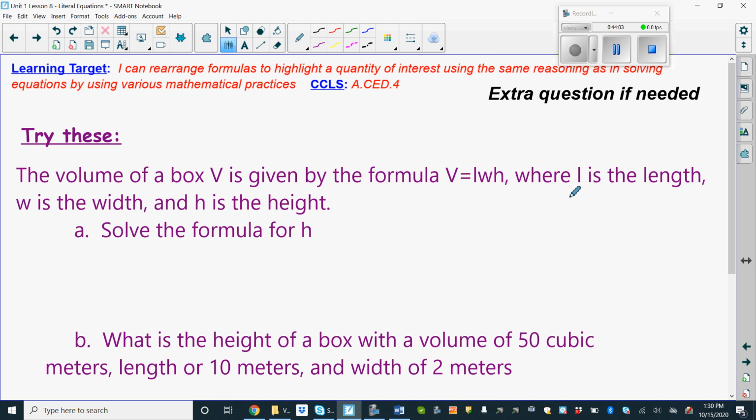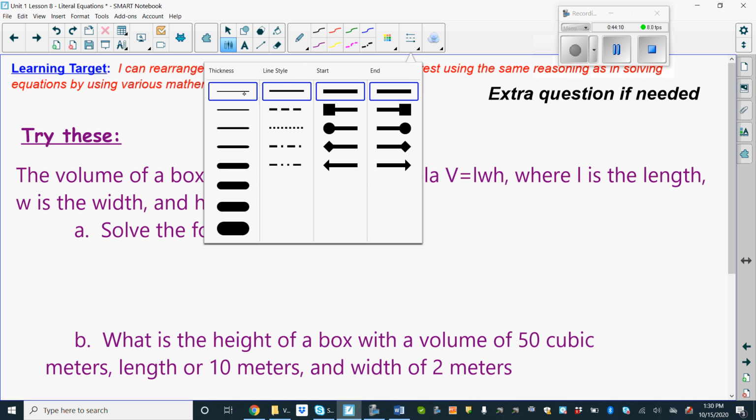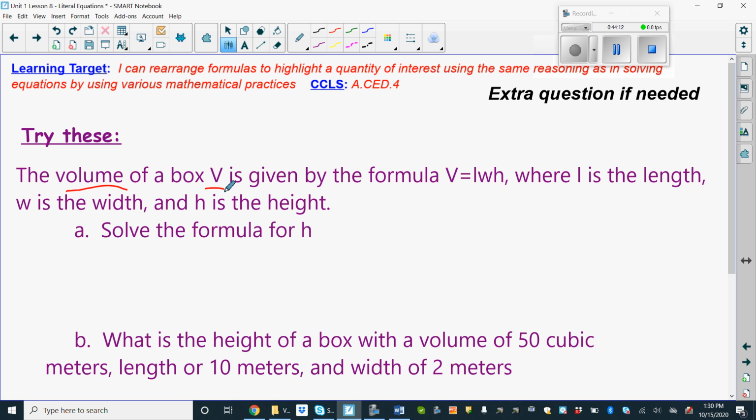For the next question, we have the volume of a box V. So now we're talking about volume, and that's represented by V. It's given by the formula V equals LWH, where L is the length, W is the width, and H is the height. Solve for H. So we have our formula, V equals LWH. I'm solving for H. So I'm going to use the inverse operation of division since they're all attached by multiplication.